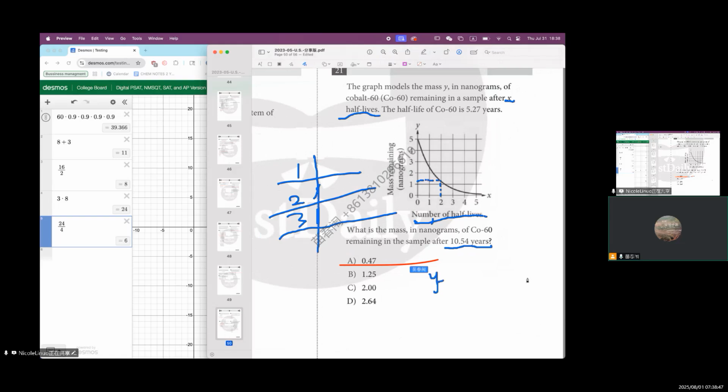Normally it's y equals A times B to the power x. So this is a decreasing exponential function, right? This is increasing, this is decreasing. Every half-life, what remains becomes half.